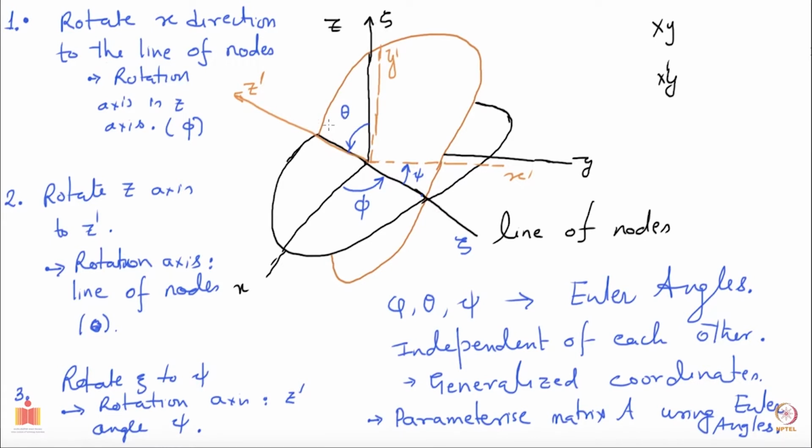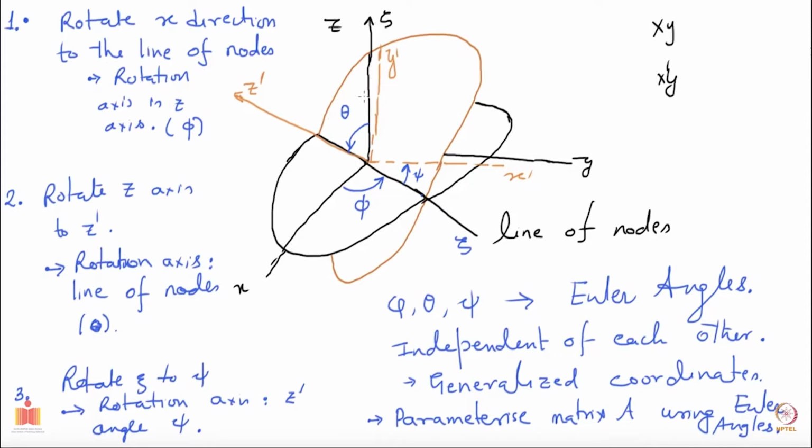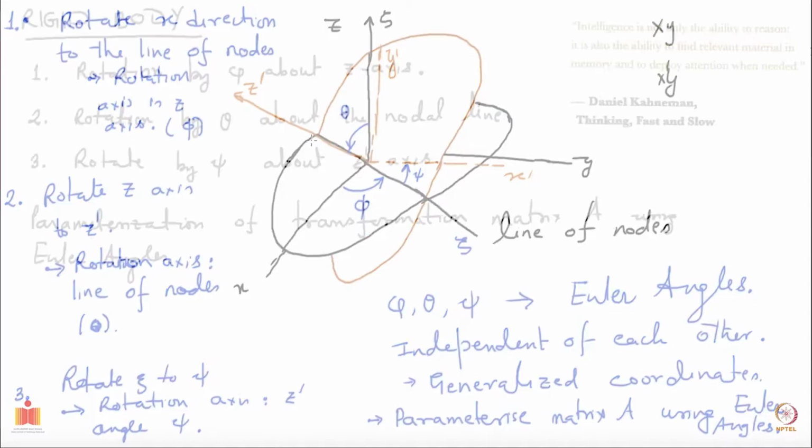And then the final rotation was by angle psi about the z prime axis. Recall, after you turned by angle theta, your z prime axis was at the right location, and all you had to do was bring x and y to the right place, and for that you needed just a rotation by angle psi about the z prime axis. So these were the things which defined the Euler angles theta, phi and psi, and today we want to express angular velocity omega using these angles.